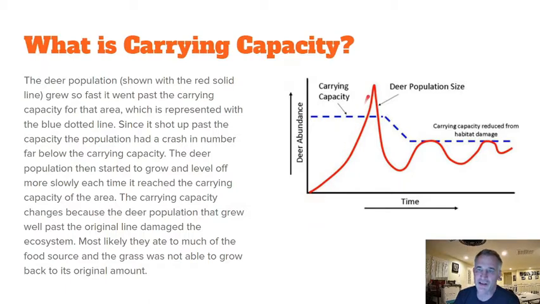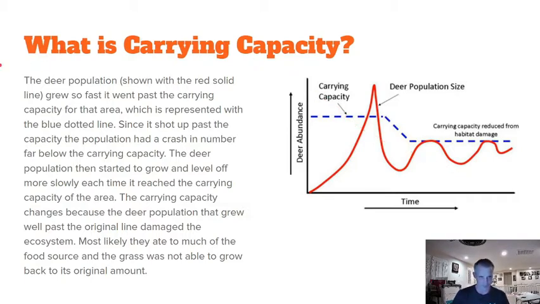If the deer population gets too high and they're eating a lot of grass, well then the amount of grass is going to decrease and lower carrying capacity. So the deer who are eating the grass start to run out of grass because it's getting lower, right? We're running out of grass. And these deer might start starving, and the population will have to drop back down. Now, once it drops back down, it'll come back up. It'll get at or near carrying capacity. And then you see this kind of fluctuation where you've got this wavy line going along carrying capacity.